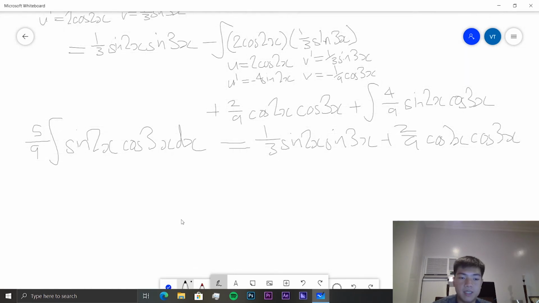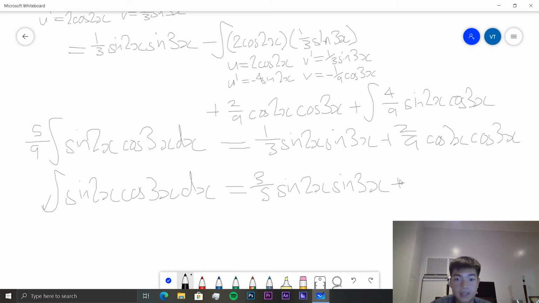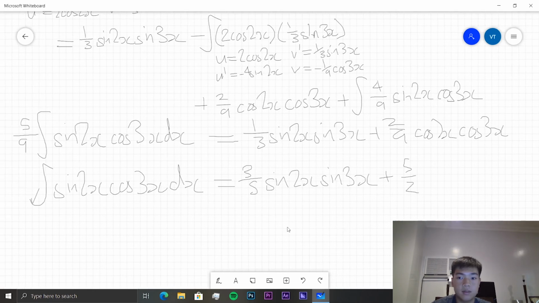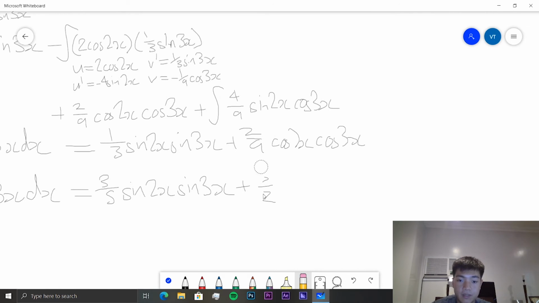And so if we multiply both sides by 9/5, we get that our integral is equal to 3/5 sine 2x sine 3x plus 2/5 cosine 2x cosine 3x.